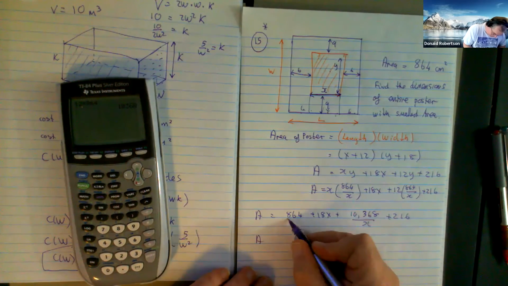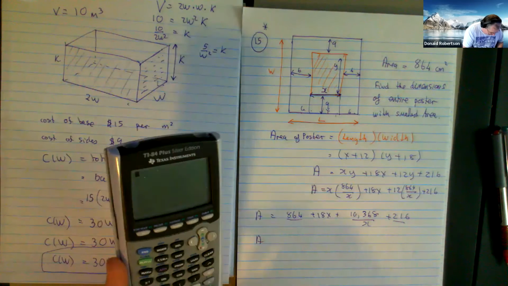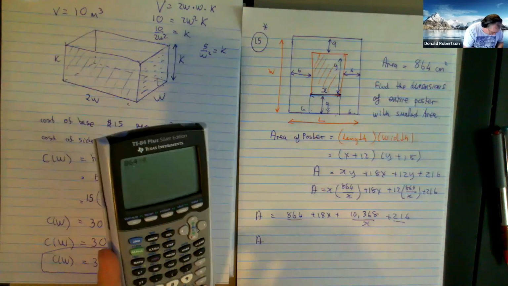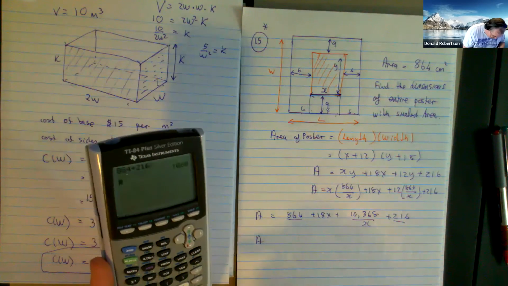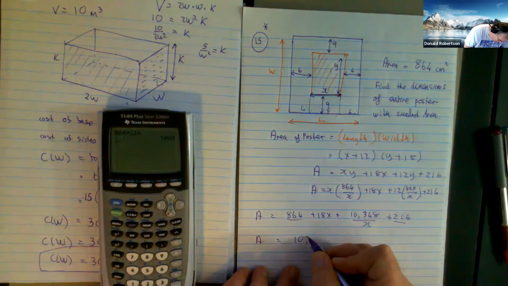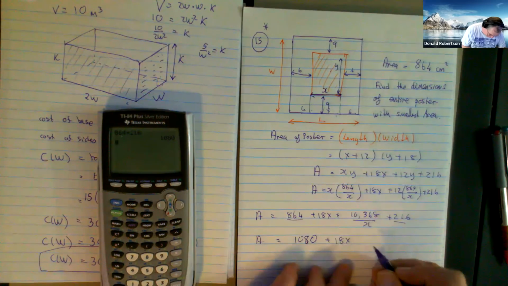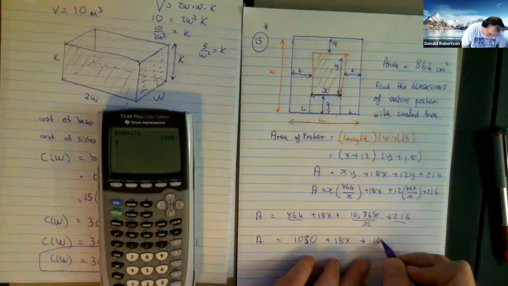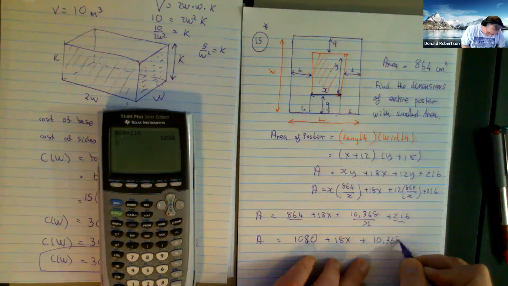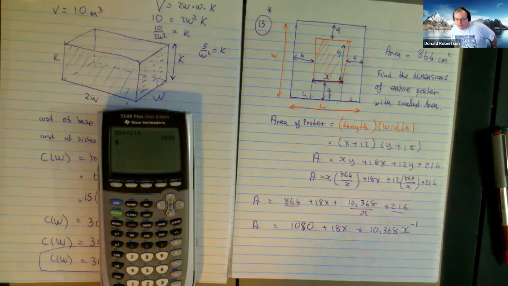And those can combine, so I might as well do it. 864 plus another 216, we get 1,080 plus 18x plus 10,368 rewritten as x to the negative 1. We have found the optimization function.